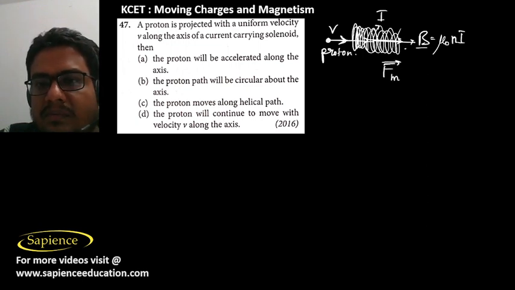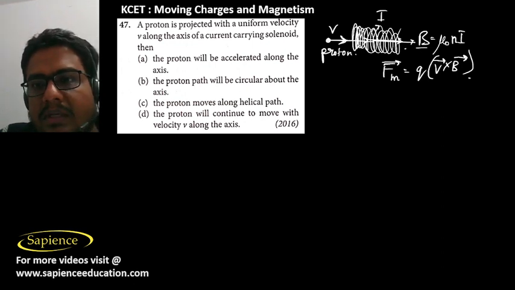Why? The magnetic force on any charged particle in the presence of an external magnetic field is given as q v cross B. Now if the velocity is parallel to the external magnetic field, then v cross B will become 0.